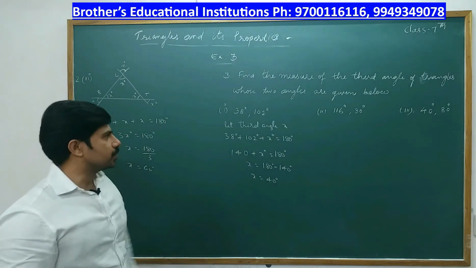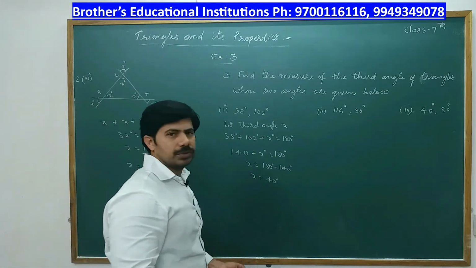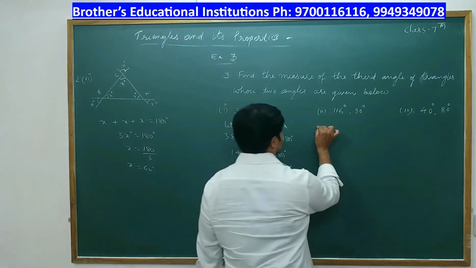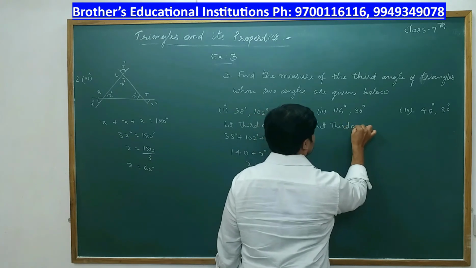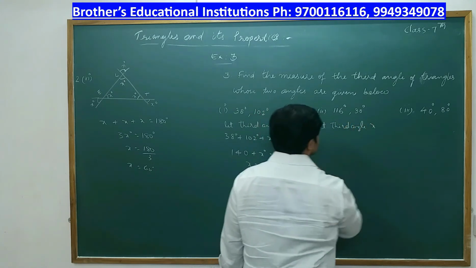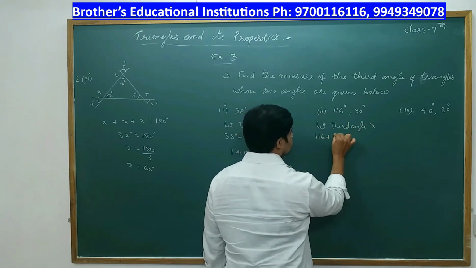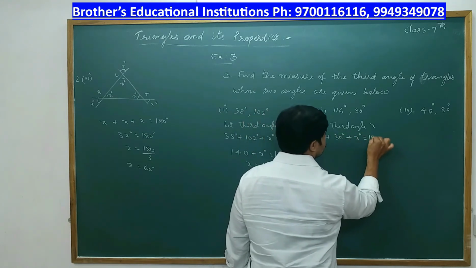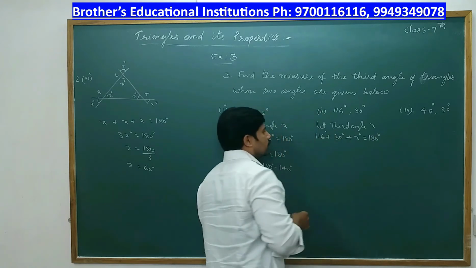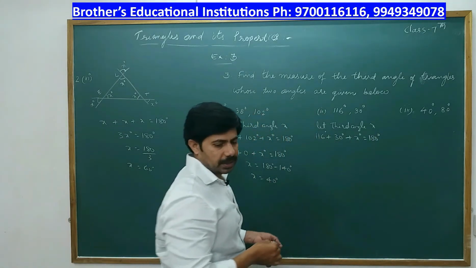We'll go to the next one. In this case also we assume the third angle as x. So 116 plus 30 degrees plus x is equal to 180 degrees. Now we add 116 plus 30.